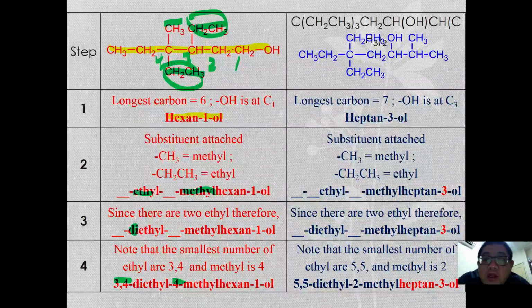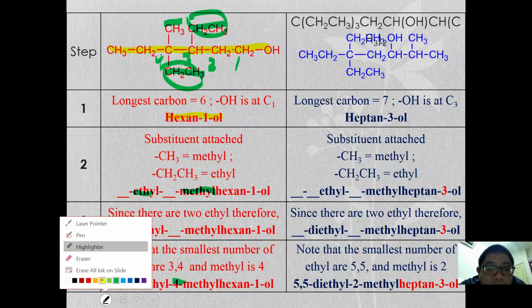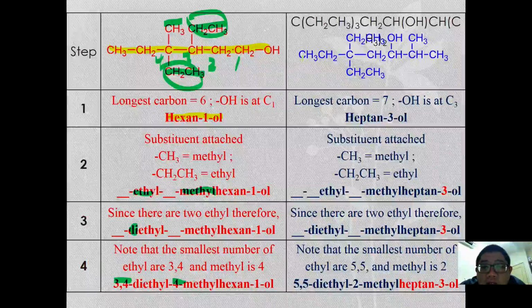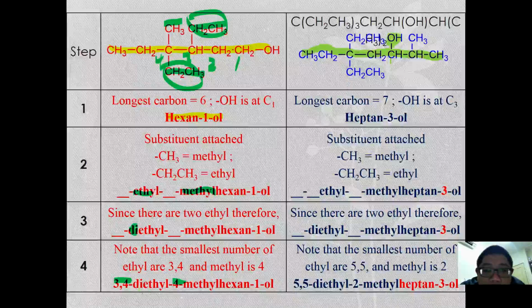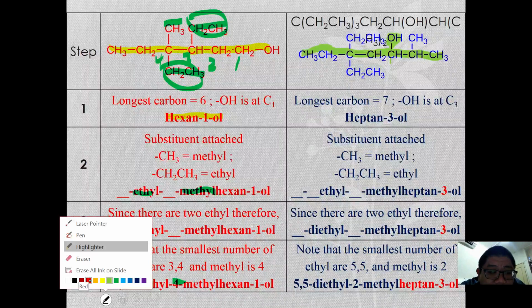If you have a condensed formula, open up the condensed formula. This will be the parent chain, which has a total of 7C, and the OH is located at the 3rd C in here. Next step is to identify the substituents on the parent chain. This is an ethyl, this is an ethyl, and this is a methyl again.